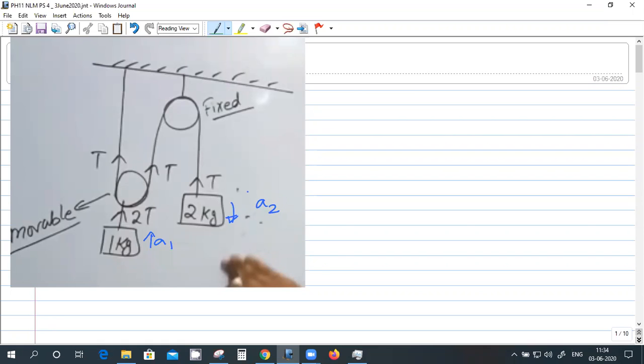The thing is, suppose this thing is coming down by a distance x. So this string is moving up by a distance x, right? And this thing is coming down by a distance x.